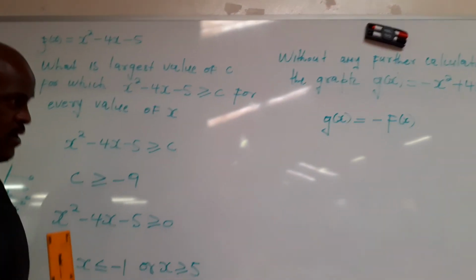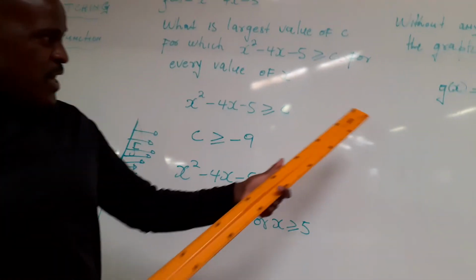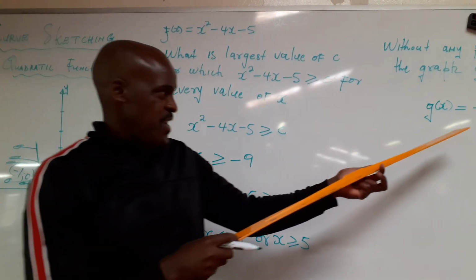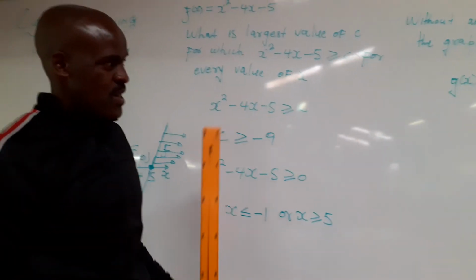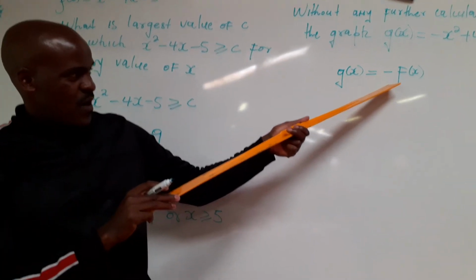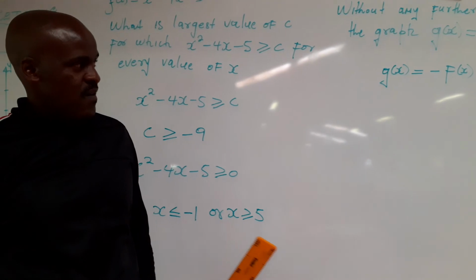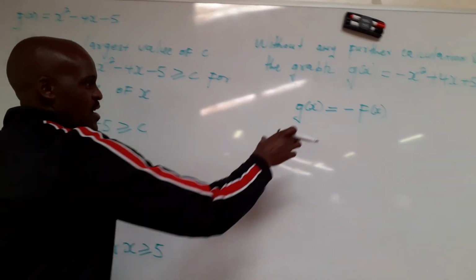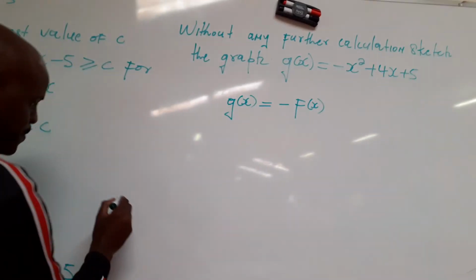When you look there, g of x is formed by multiplying f of x by negative. In other words, if this is multiplied by negative, we are reflecting. That's a reflection. We are reflecting, remember, y is affected.